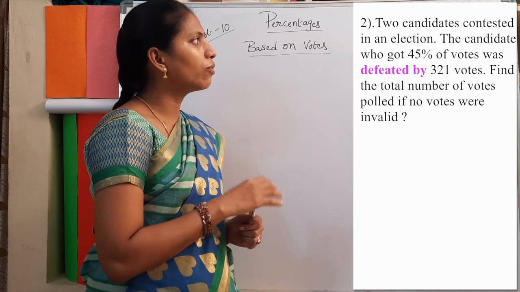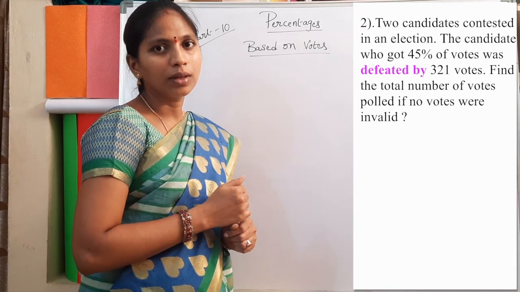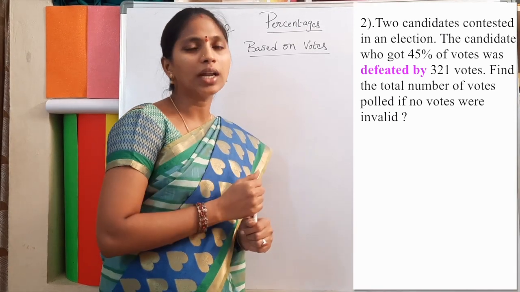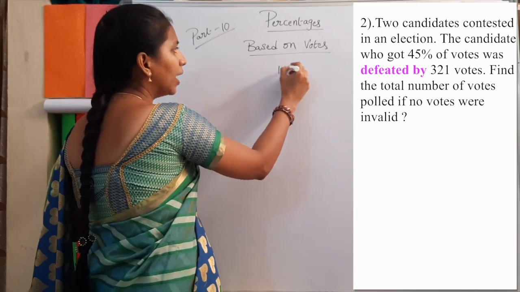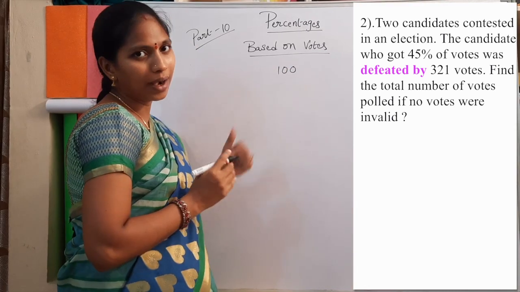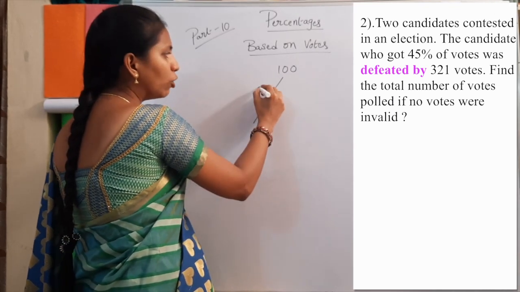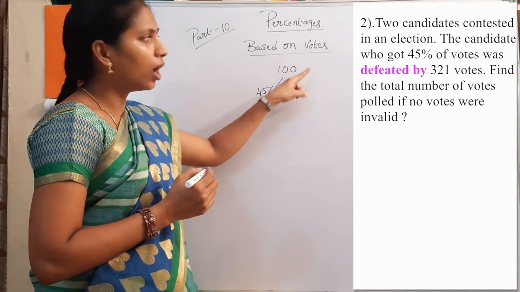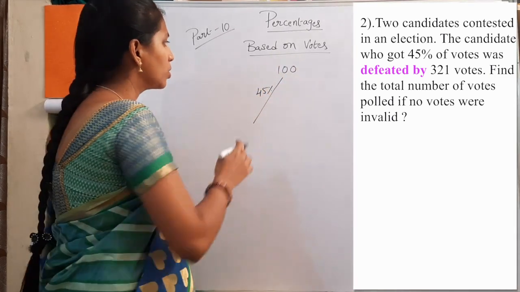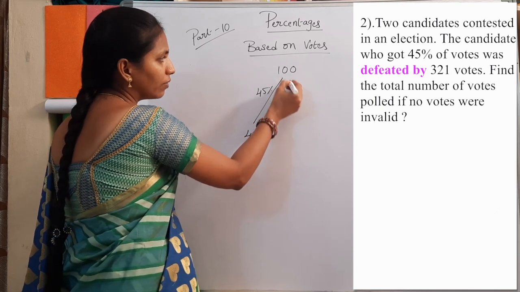Find the total number of votes polled if no votes were invalid, which means 100% of votes are valid votes. See, first of all, take the total number of votes as 100. The first candidate got 45% of 100. All are valid votes, so 45% of 100 means 45.